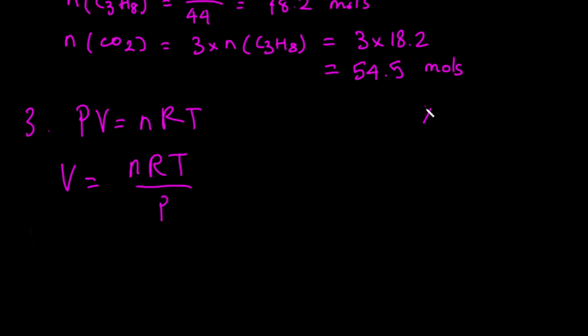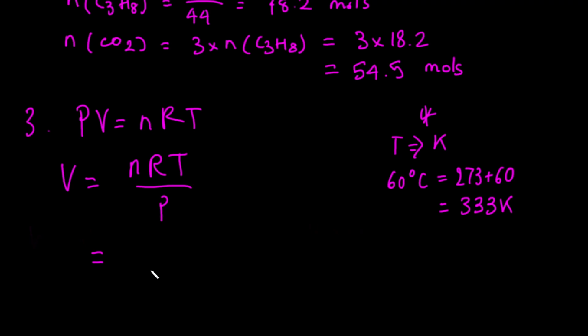Now, one point I am going to make here: T is in Kelvin. So 60 degrees Celsius is the same thing as 273 plus 60, which is equal to 333 Kelvin. We already have the pressure value in kilopascals, so then we can just put in all our values. We get the moles from over here.